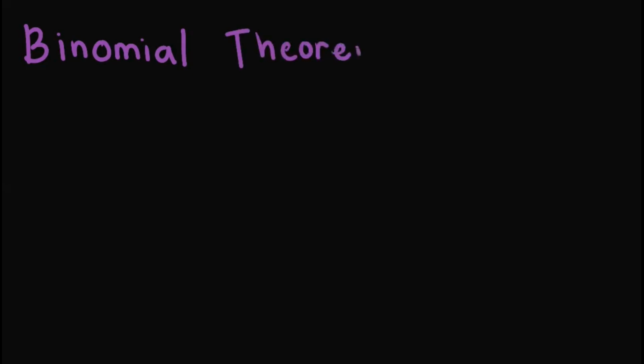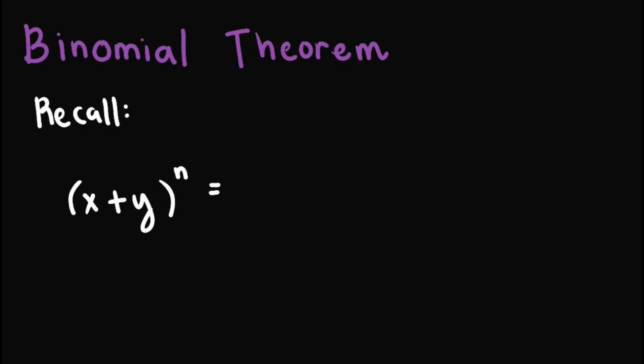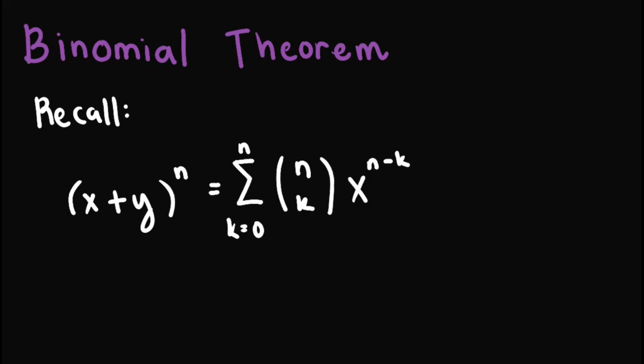Theorem. Now, to recall, we first recall that the formula or the binomial theorem states that (x + y) raised to n is equal to the summation from k equals 0 up until n of n choose k times x raised to n minus k times y raised to k.